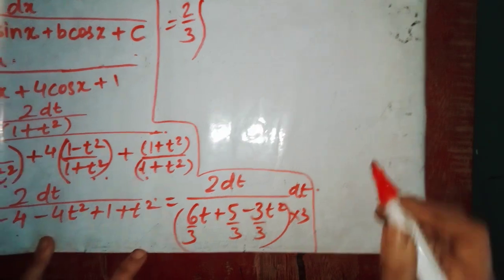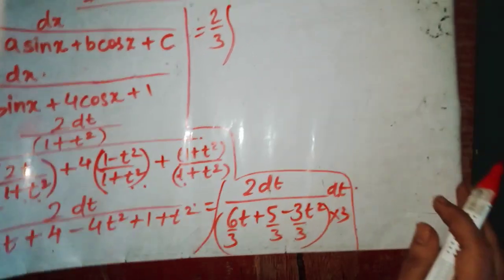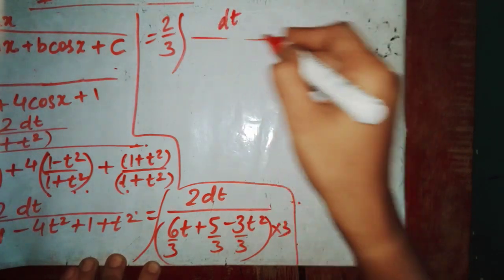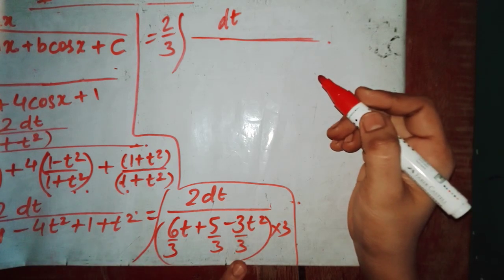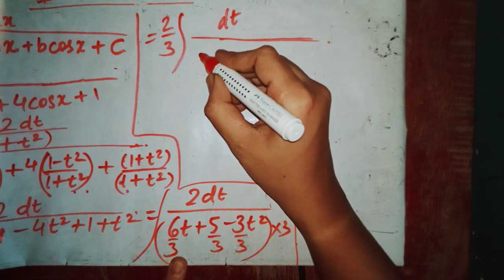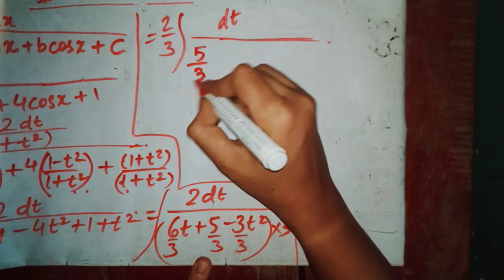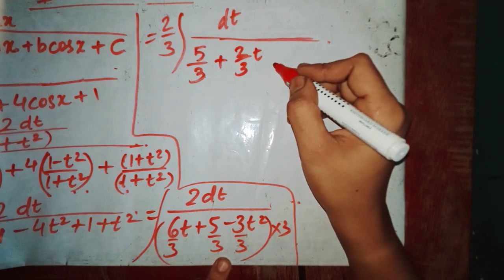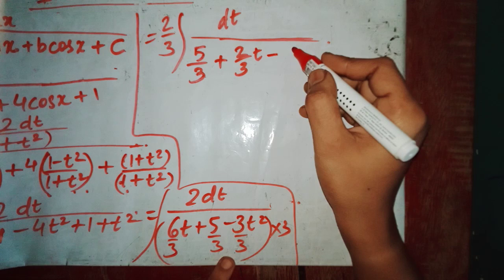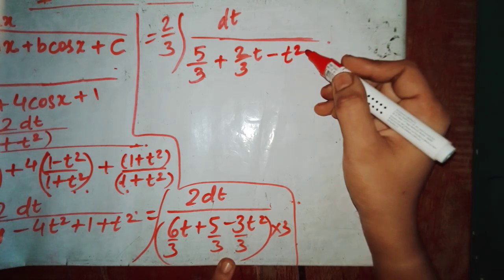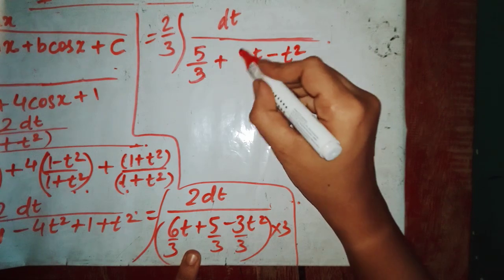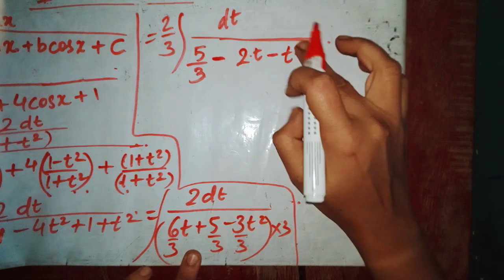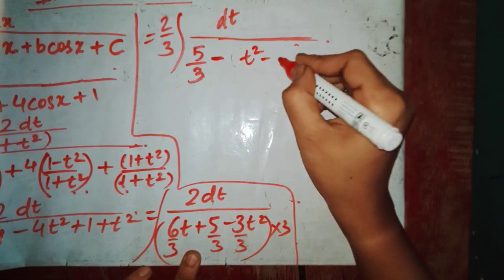So the integral is there, dt upon, this will be 5 by 3 I will write first, then plus 2t, not 2 by 3, this is 2t, and minus t square, right? Now we'll take the minus sign outside, so this will be t square minus 2t, right?